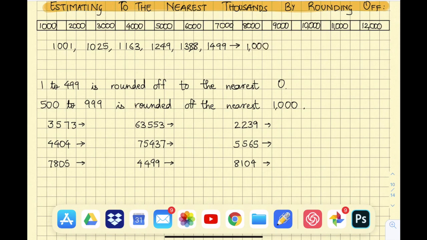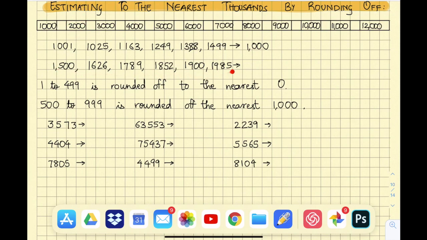But on the other hand, if I have numbers like 1500, 1626, 1789, 1852, 1900 or 1985, these all numbers are closer to the next 1000, that is 2000.